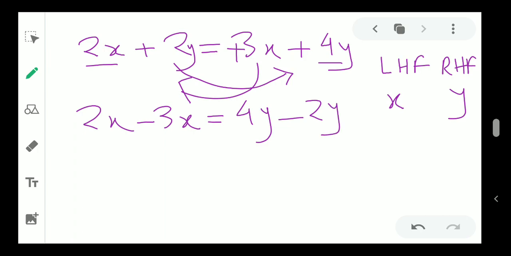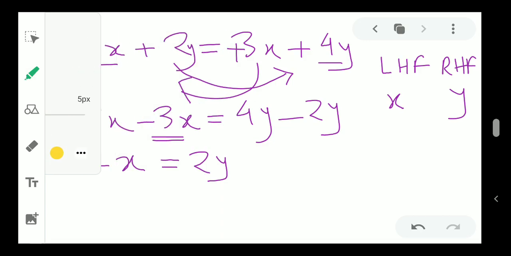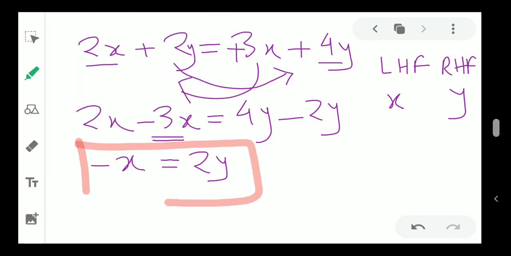So again the bigger quantity is negative and the smaller quantity is positive, so my result will be minus x equal to 2y. So this will be the relationship.